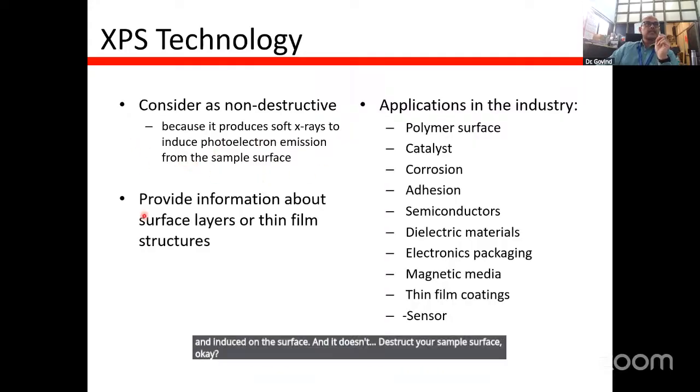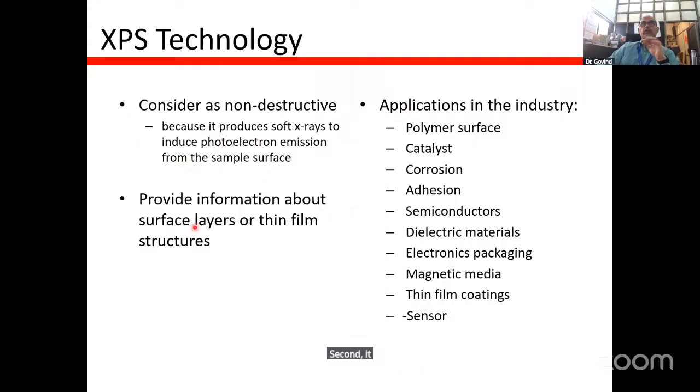Second, it provides information about the surface or the thin layer of your structure. And where are the applications? You can see applications in industry, where polymer chemistry and the polymer industry are there.